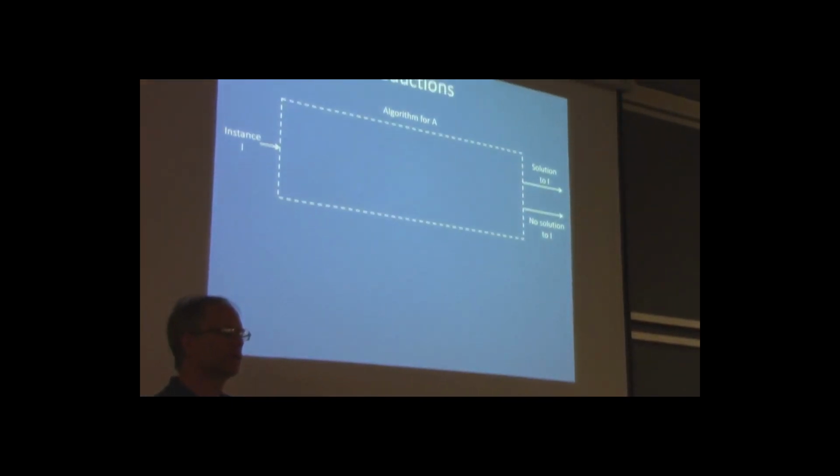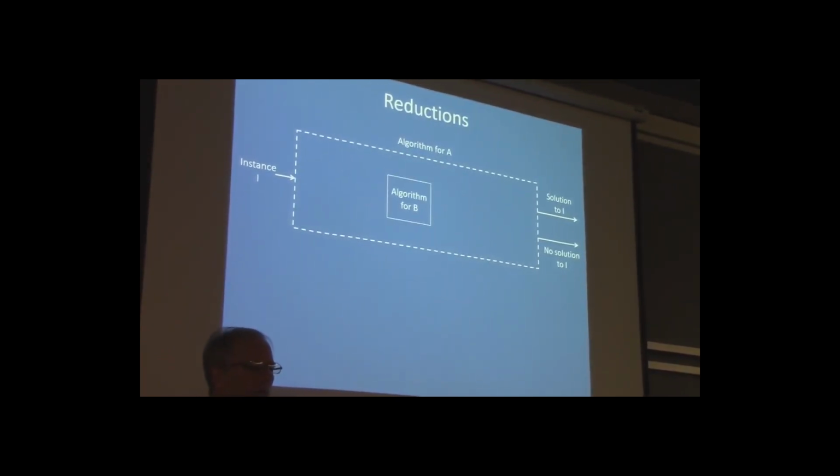Okay, so what we're going to do is inside that box, we're going to put the algorithm for A. And the key component is going to be an algorithm for some other problem B. So we're going to assume that there's some problem B that we can solve. We're going to take the instance when it comes in and modify it.